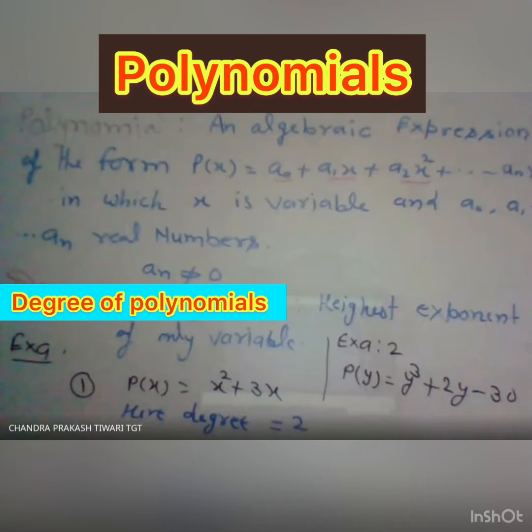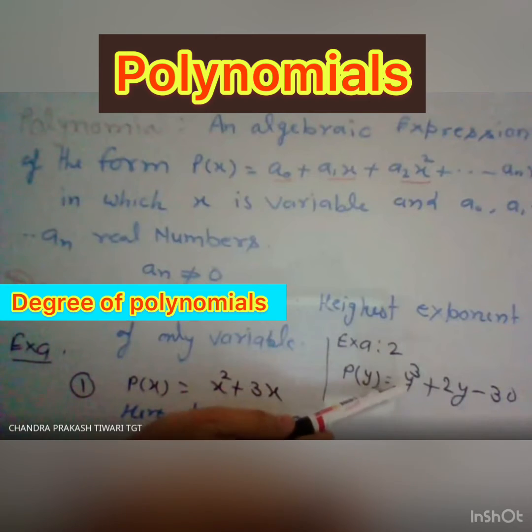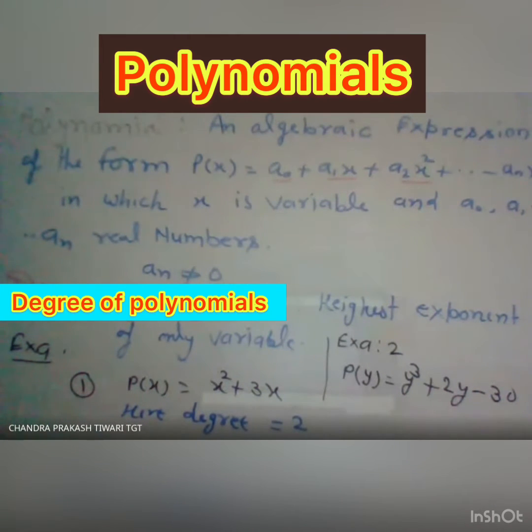So in this polynomial, you can observe that the first term has highest exponent 3. So you can say that this is the polynomial in the variable y and having the highest degree 3. Highest exponent is 3. So you can say that here degree of this polynomial is 3.